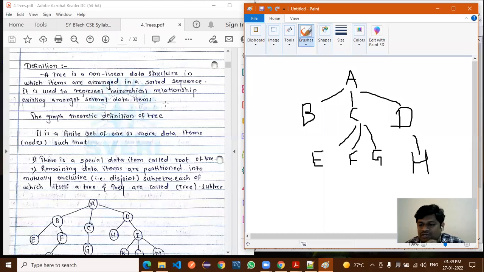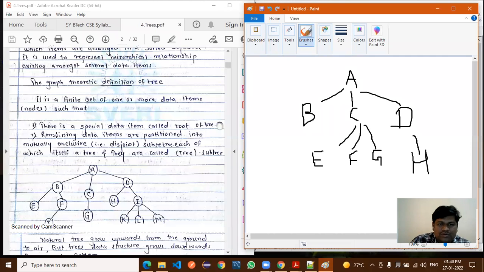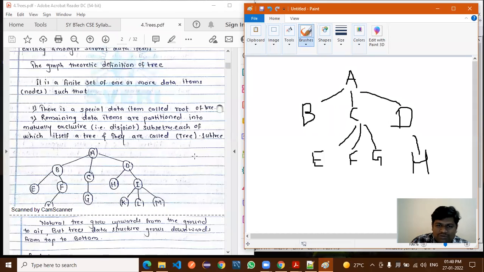Now the graph theoretic definition, considering graph theory: a tree is a finite set of one or more data items such that there is a special data item called the root of the tree, and the remaining data items are partitioned into mutually exclusive, that is disjoint, subtrees, each of which is itself a tree, called a subtree, right?